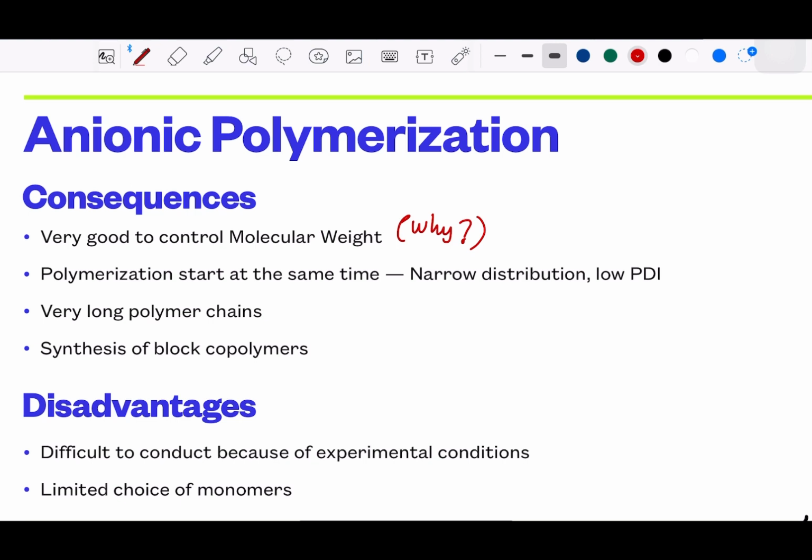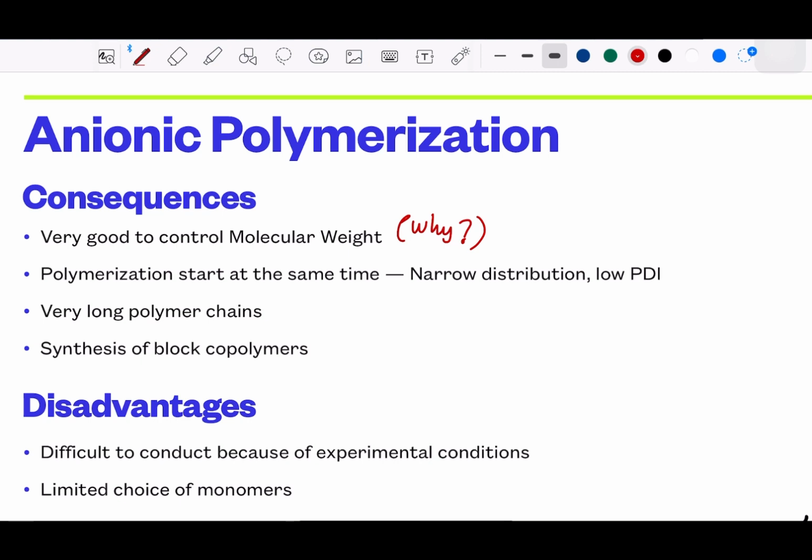And because of that, whatever monomers we have, as long as they can polymerize within ionic polymerizations, we can just throw anything in, and the monomers just polymerize by themselves. Because it will polymerize all monomers at the same time, we don't really need to control everything. What we need to control is the beginning of the process.